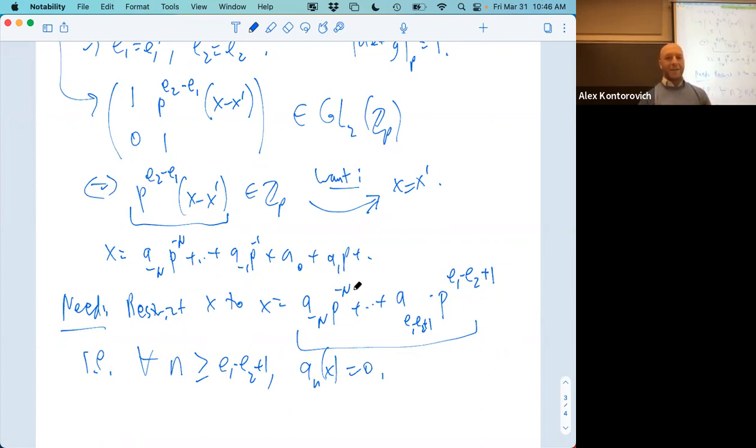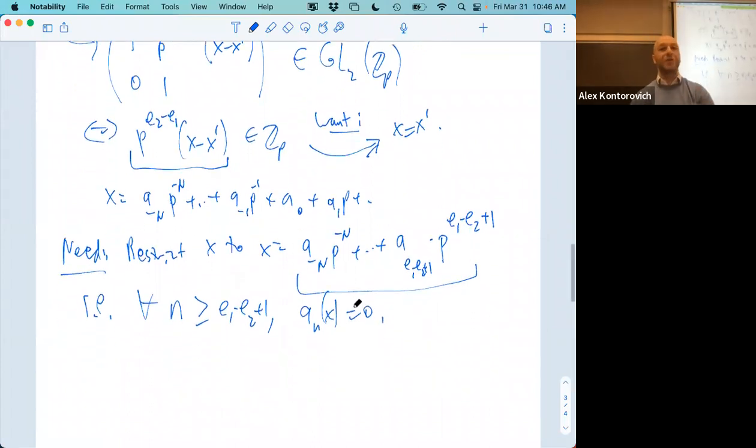The difference between X and X prime also has no tail. And when you multiply by P to the E2 minus E1, you get something that at least has a P in it. For that to be in ZP means all of the digits have to exactly agree. In other words, the difference is exactly 0 for X and X prime. You see that? You see how we came up with that condition?